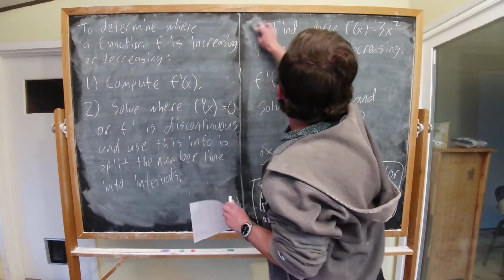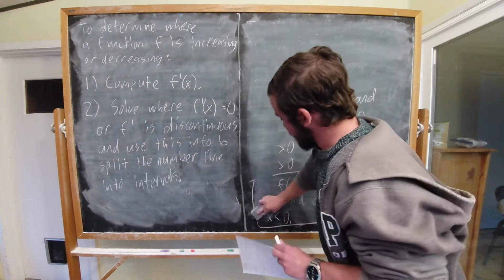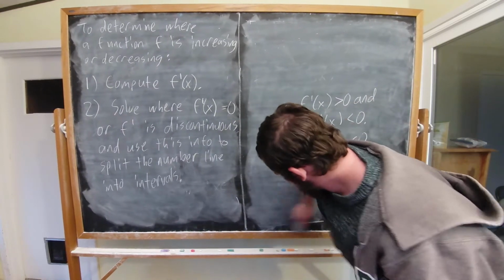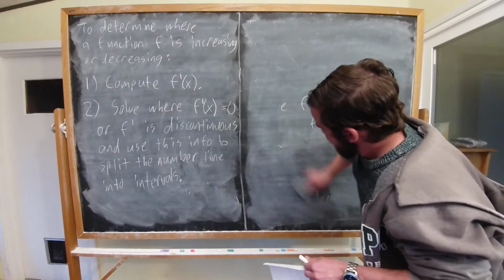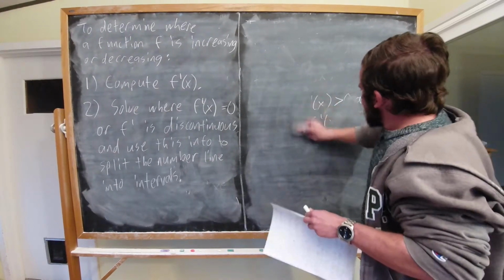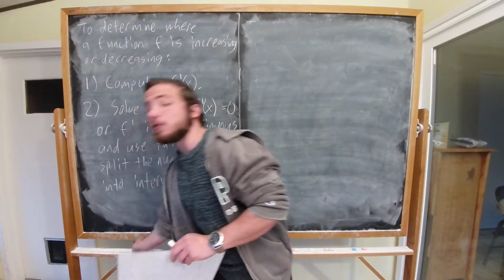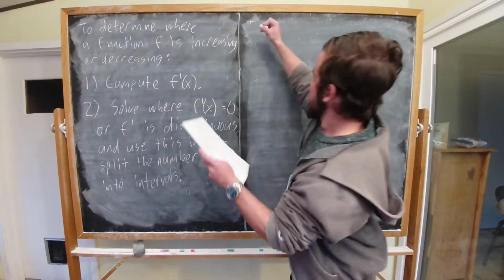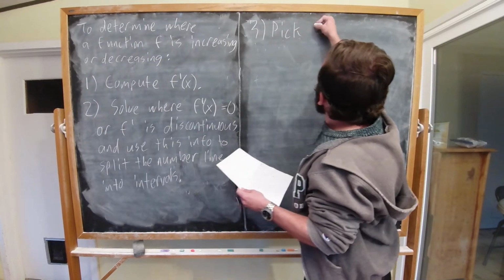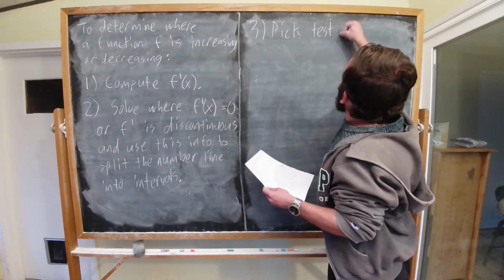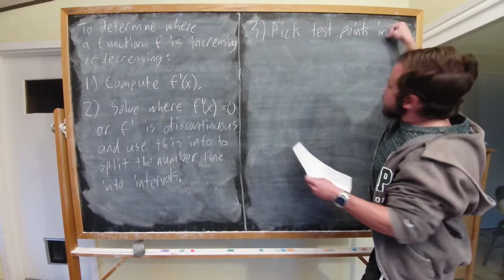And then our third step is going to be seeing what happens in each of those intervals. Again, the fact that you only need to test one point in each interval follows from the intermediate value theorem. So pick test points in each interval.